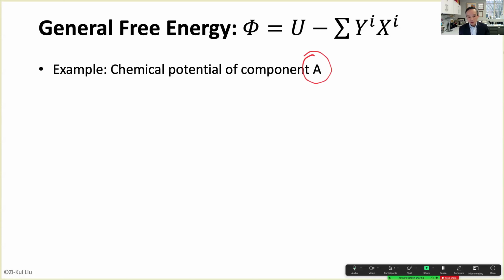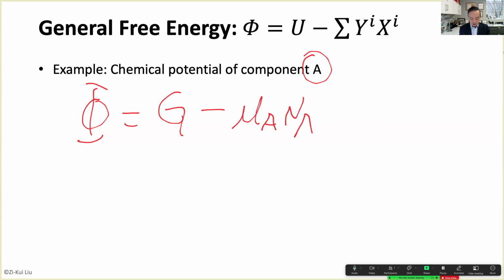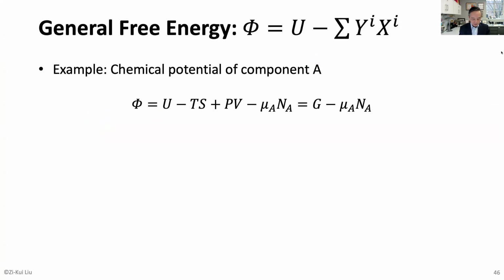Okay, we start with Gibbs energy. So we have phi equal to the Gibbs energy minus mu_A N_A. Oh, I may have it here already. Let me see. Yeah, that's right. So you see, we start with Gibbs energy because we control temperature, pressure, and the mass. But in some cases, we control the chemical potential of a component, right?